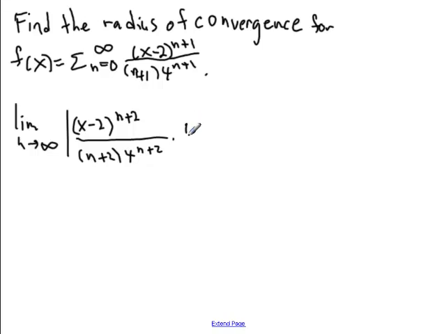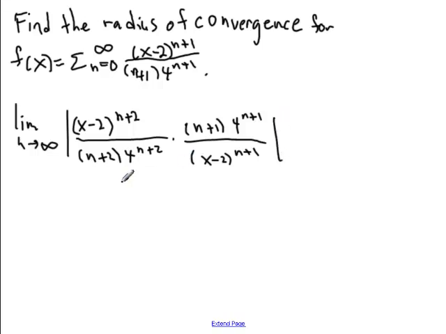So that's going to be n plus 1, 4 to the n plus 1, over x minus 2 to the n plus 1.